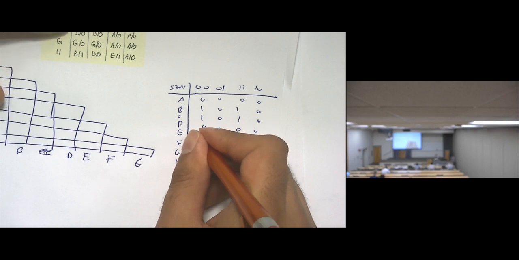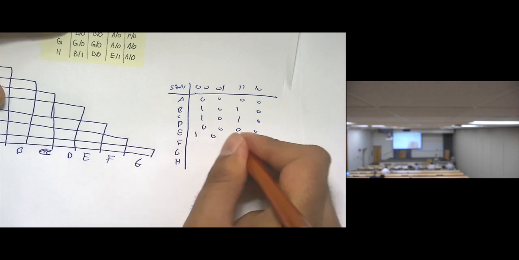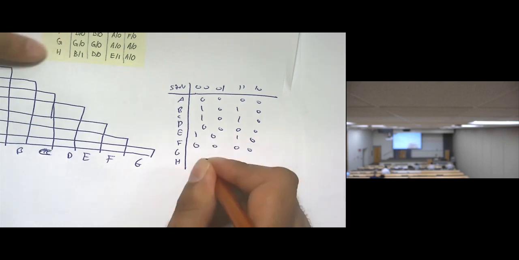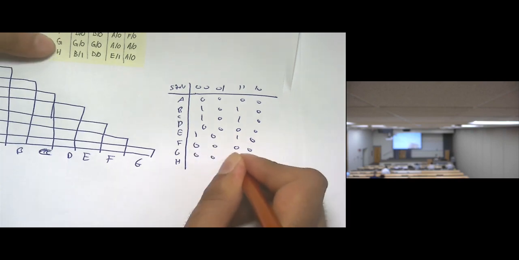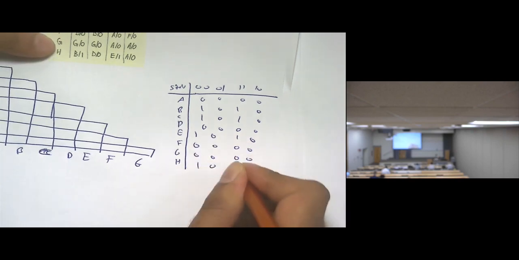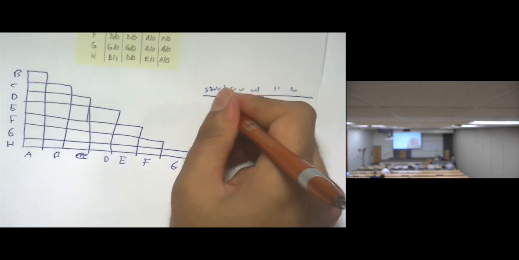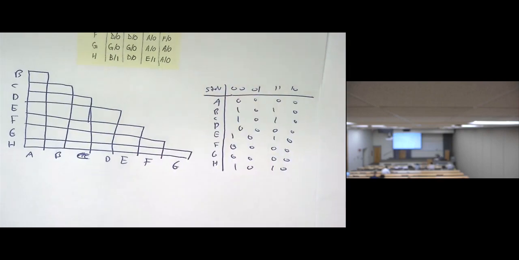Then for E, 1, 0, 1, 0, F 0, 0, 0, 0, G 0, 0, 0, 0, F 1, 0, 1, 0.